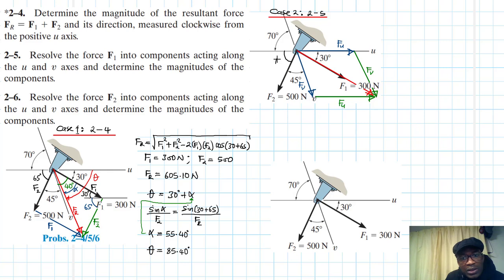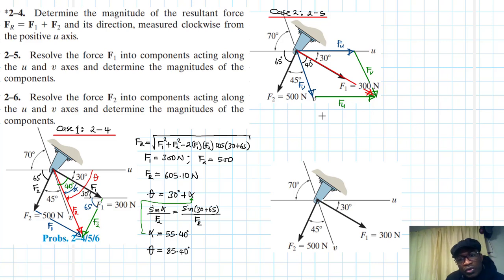It was what? 65. Okay, and we also know this one is what? 40. Remember, we calculated this already. Okay, this was 40. Right, so that we have, this is going to be 180, 65 plus 45 plus 40 plus 30, 180.